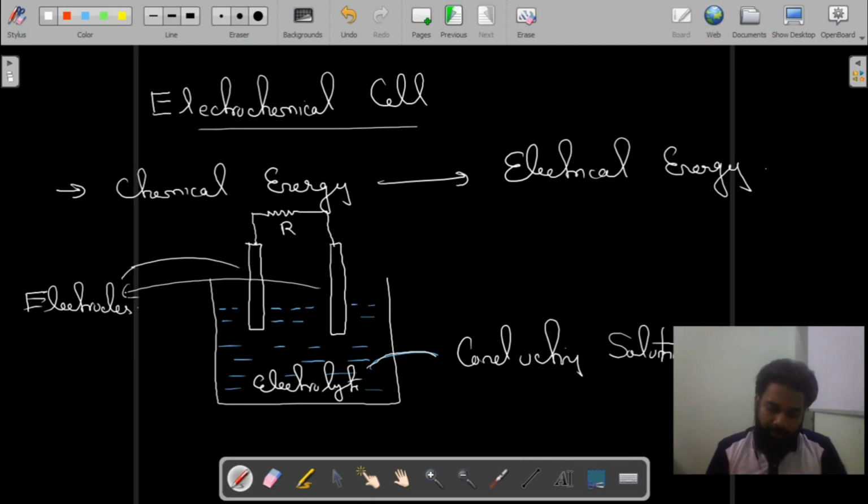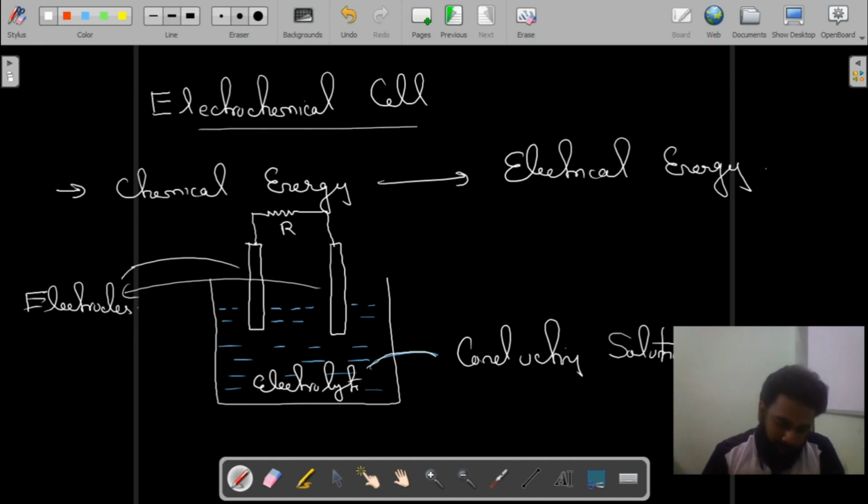So when we dip some particular electrodes in some particular electrolyte, not all the electrodes and all the electrolytes, some particular ones, that you might have studied in chemistry.